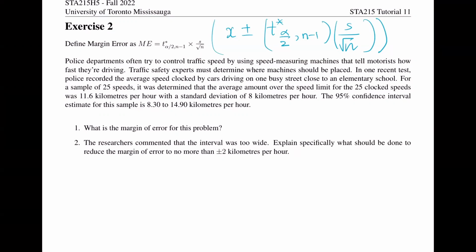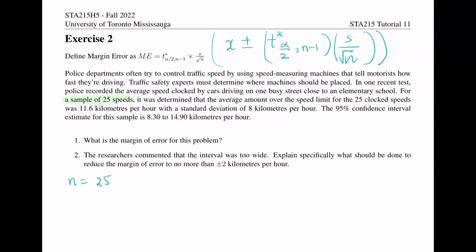So for this problem, we are given the sample size. So a sample of 25, which means n equal to 25. And then we are given the average amount over speed, this one, is 11.6 kilometers per hour, which means our sample mean is 11.6.